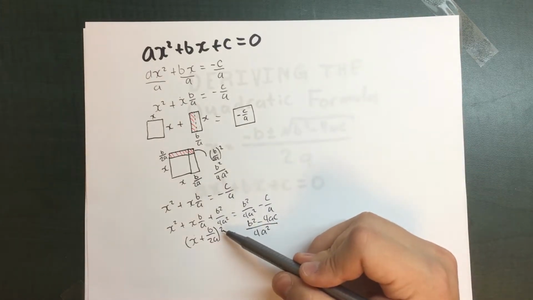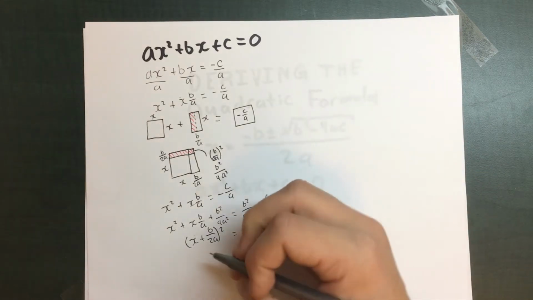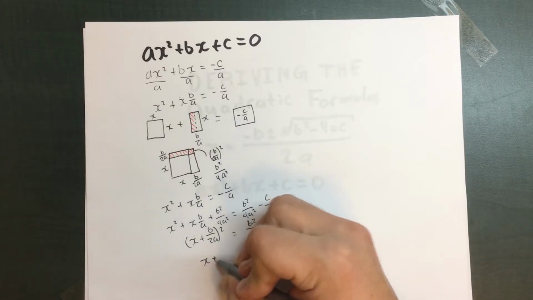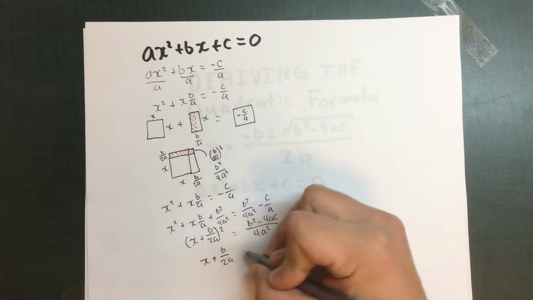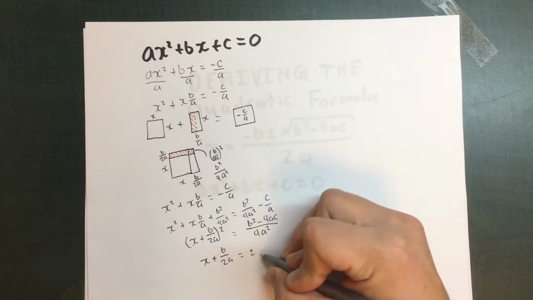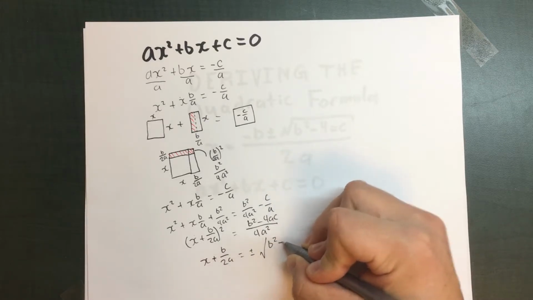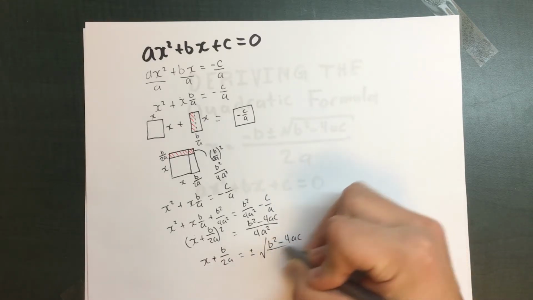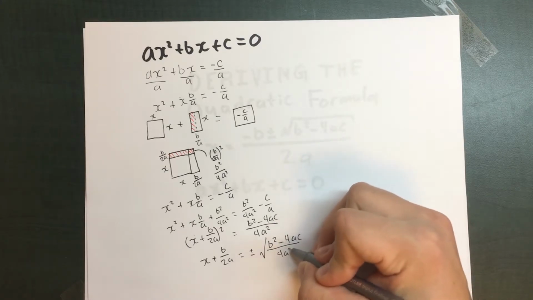Now we want to take the square off this, so we'll square root both sides of the equation. x plus b over 2a equals plus or minus the square root of b squared subtract 4ac over 4a squared.